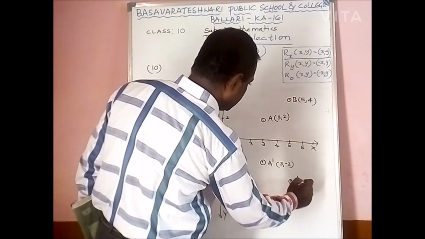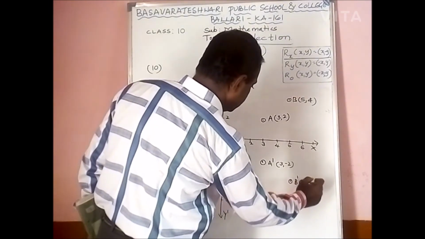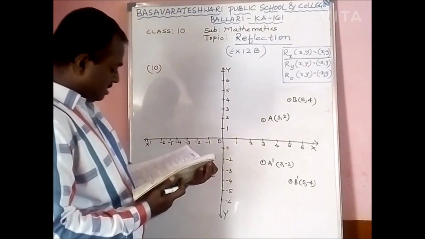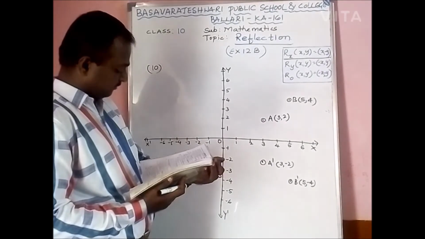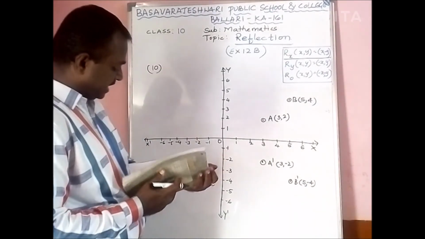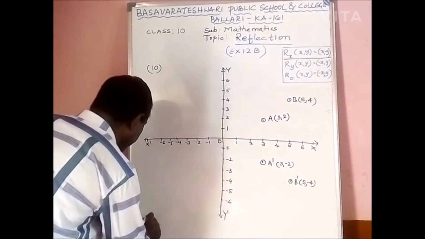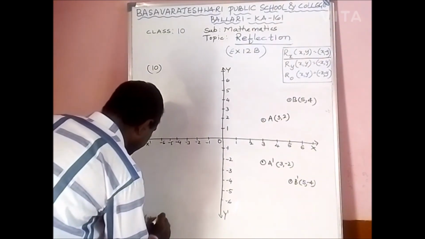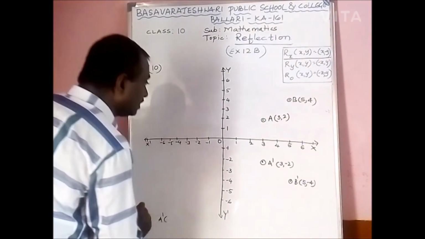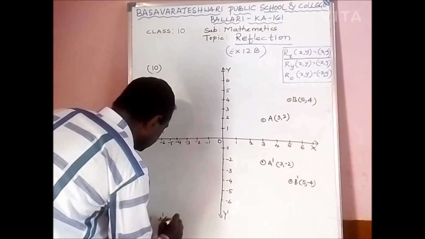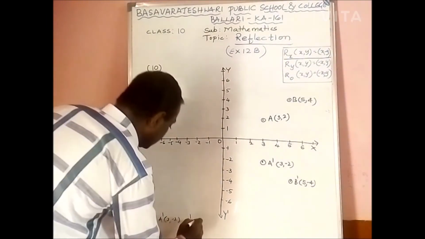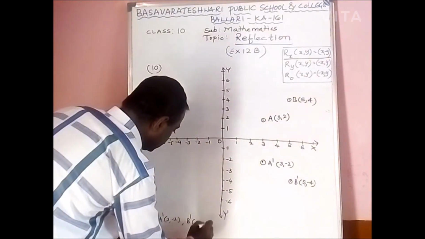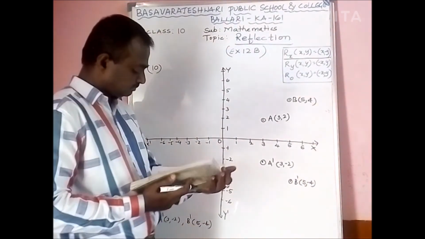B dash (5, minus 4). Okay, this is the first. Plot A dash and B dash on the same graph paper. Write the coordinates of A dash and B dash. A dash coordinates are (3, minus 2). B dash coordinates are (5, minus 4). Okay.